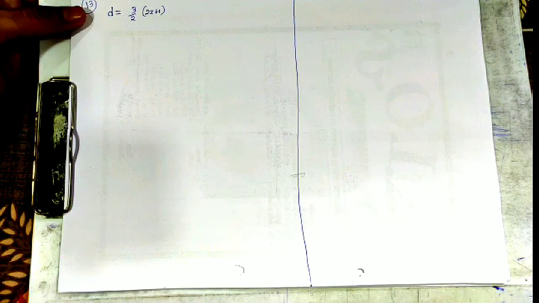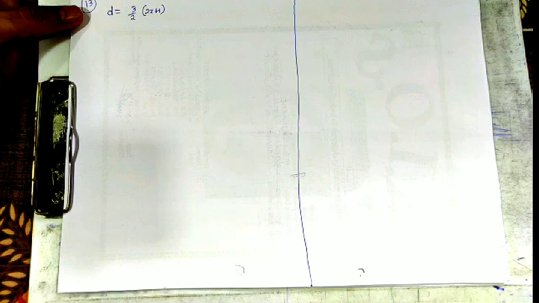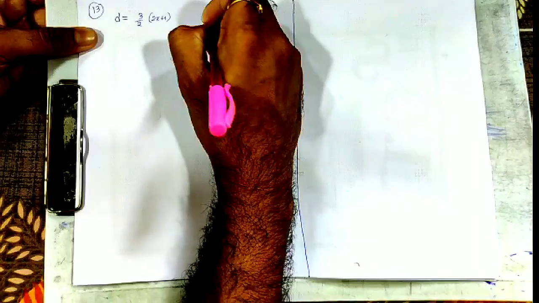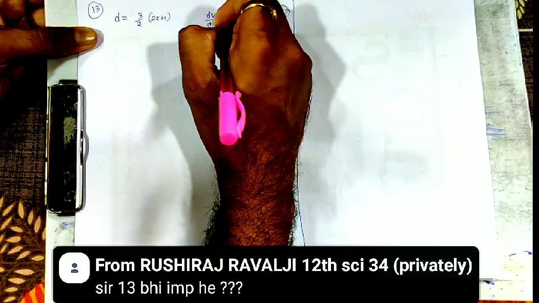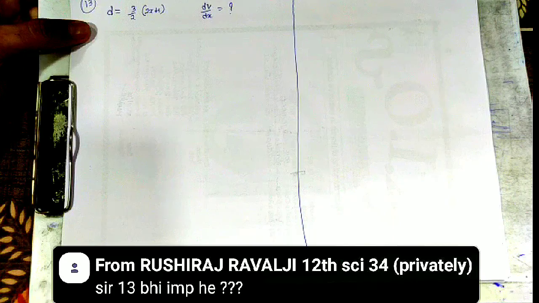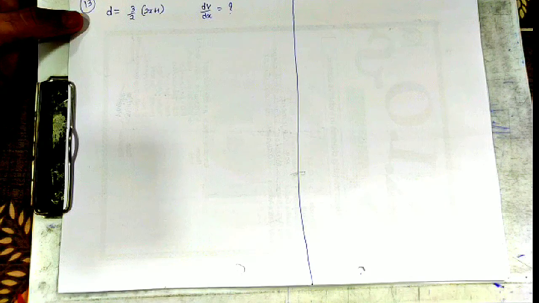No unit is given. So the diameter is given. Find the rate of change of volume with respect to x. This is what we have to find. And it is a spherical balloon.